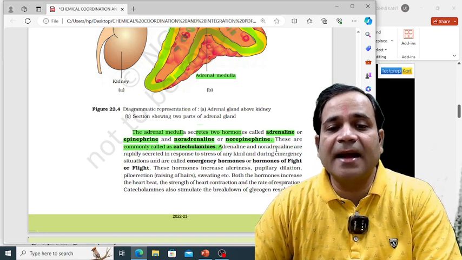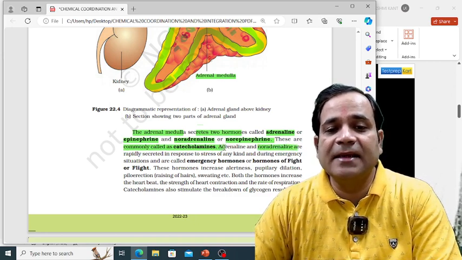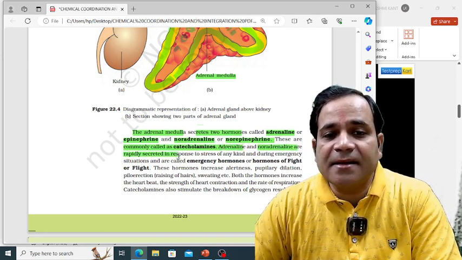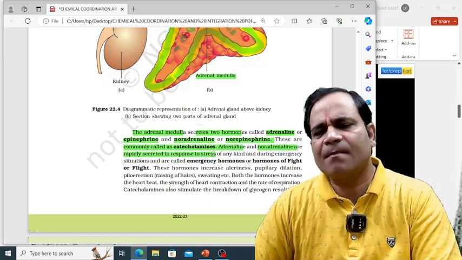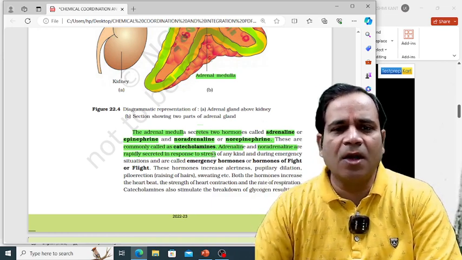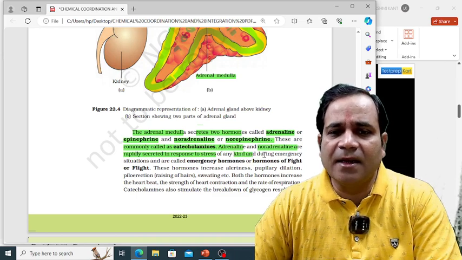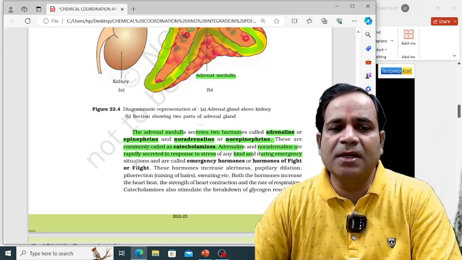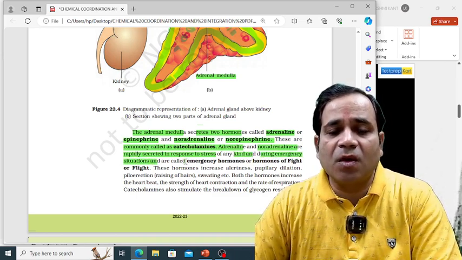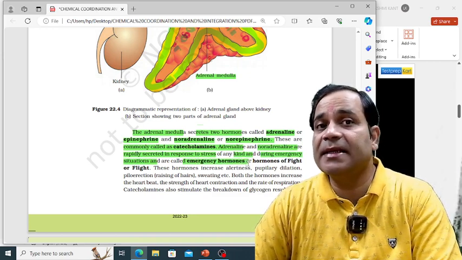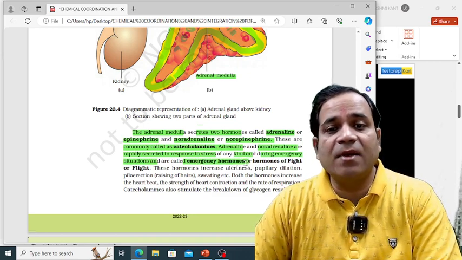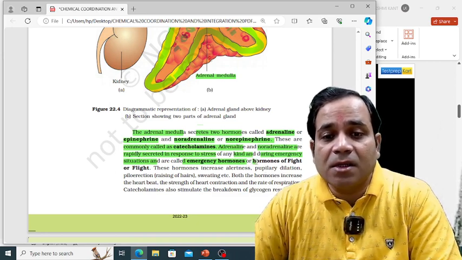Adrenaline and noradrenaline are rapidly secreted in response to stress, at the time of stress of any kind, during an emergency situation. They are also called emergency hormones. This hormone is also known as what?